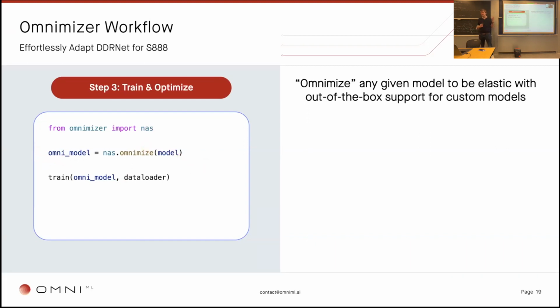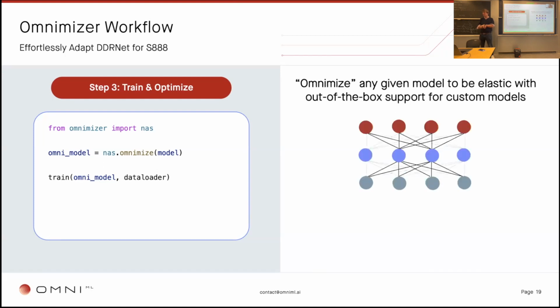It represents a collection of models that you can activate. You can sample different models, and what we also provide as part of that is that it natively integrates into your pre-existing training pipeline. So if you already have some kind of training script, you can now just call your training script with the Omni model instead of your original model, and it'll get you the same benefits as NAS or pruning.